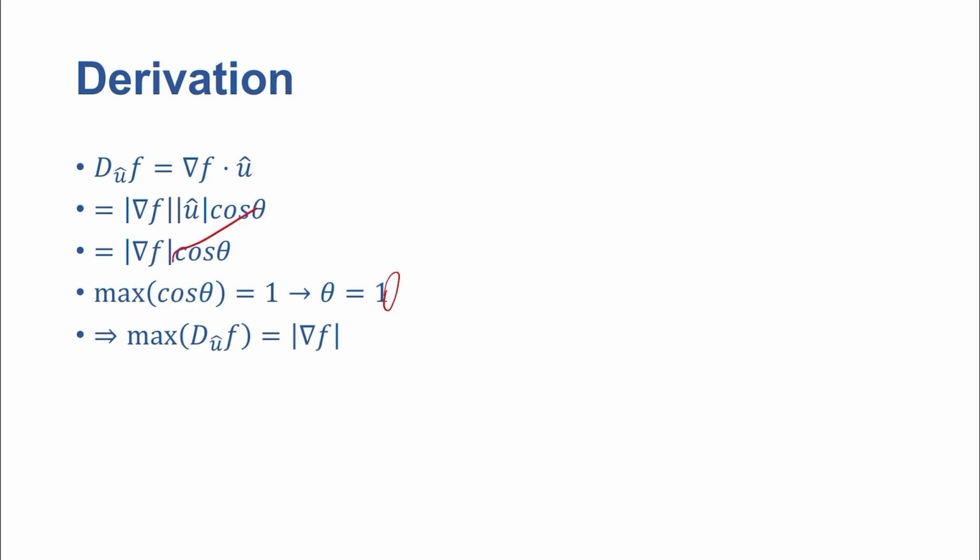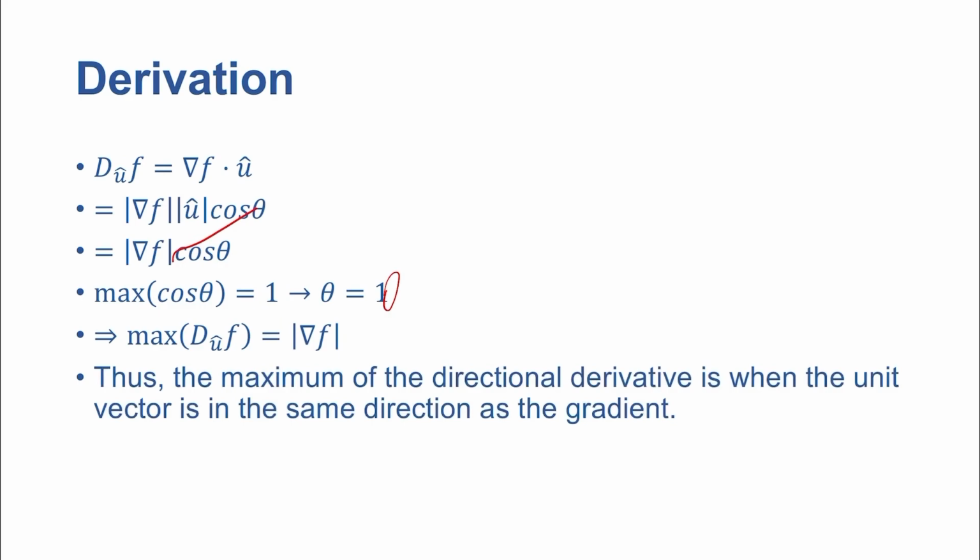So the maximum of our directional derivative is when our unit vector is in the same direction as the gradient, okay? So the gradient will give us the direction that we should use for the directional derivative.